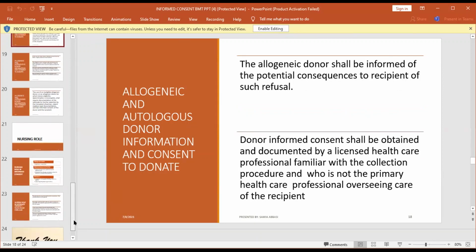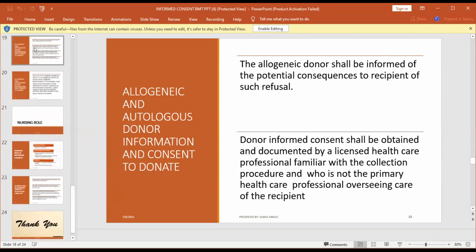The potential consequences to the recipient of such refusal should also be explained to the donor. Donor informed consent shall be obtained and documented by a licensed healthcare professional, not by the primary healthcare professional overseeing care of the recipient.